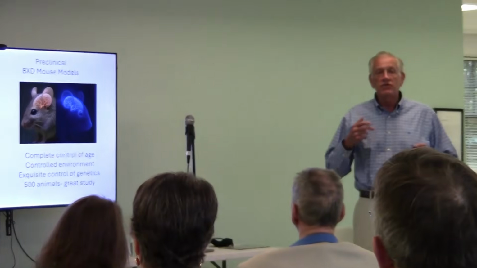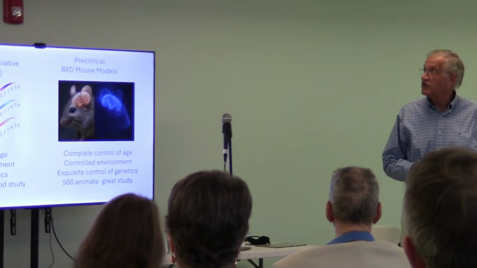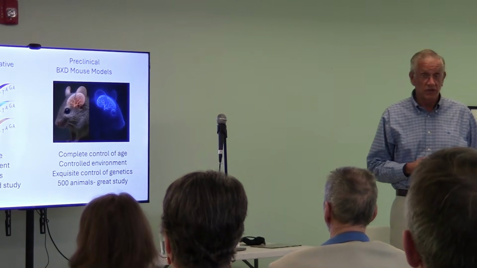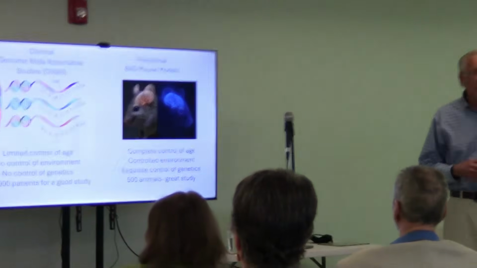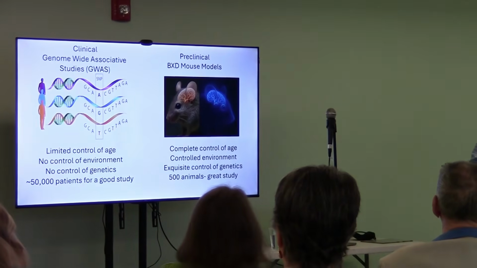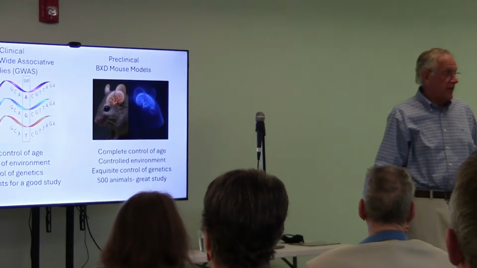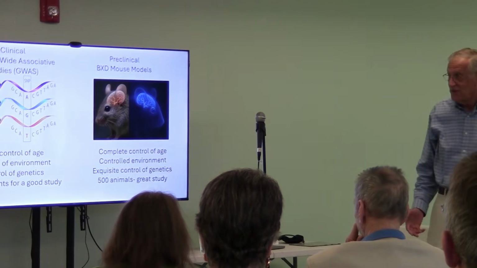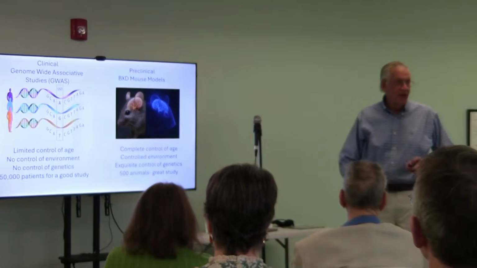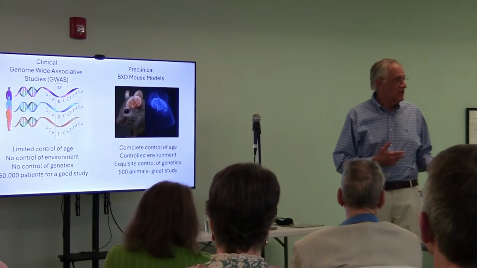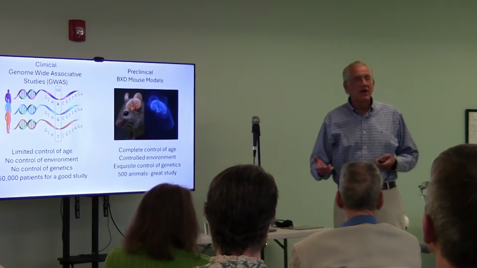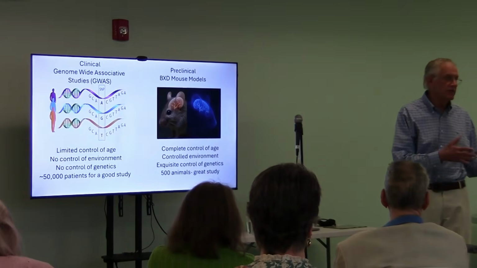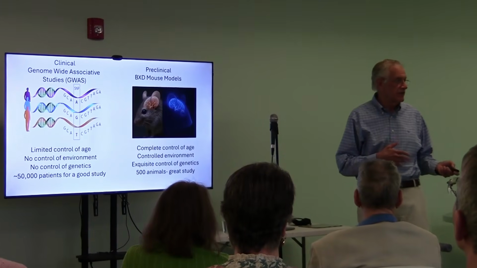If you try to do a genetic study, the typical thing is called a genome-wide association study. And unless your entire population is twins, you have no control over it. You have whoever walks in the door. They could be 35, they could be 38. You could filter so that you have only those who are 35 and 38.